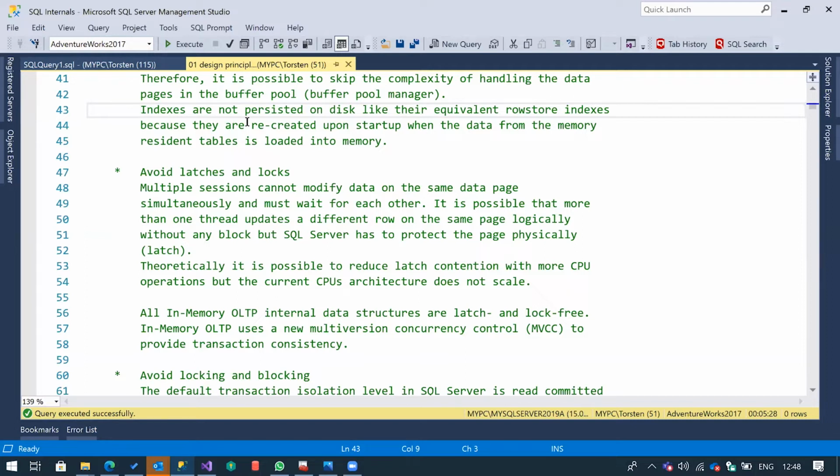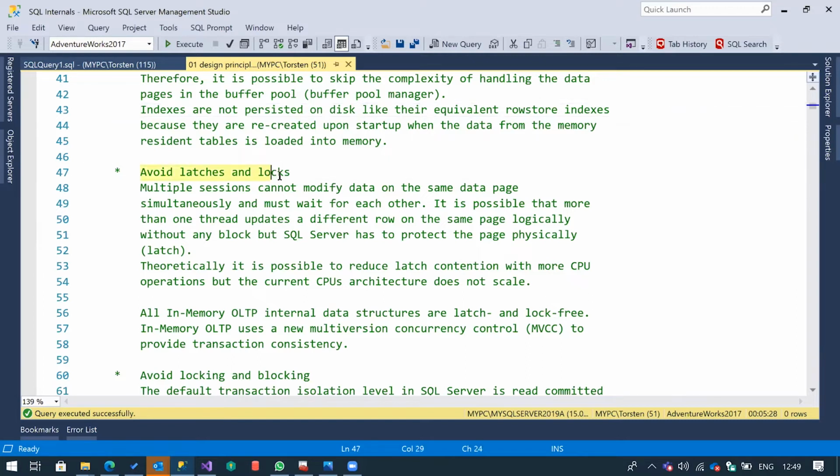Whenever you restart your SQL Server, the indexes will be created from scratch again, because the rows, when you have a schema and data table, are now coming from your disk and sent to the memory of SQL Server, and the index chain will glue the records together into one table in the end. So this is the index, but again, the index is never part of any physical operation.